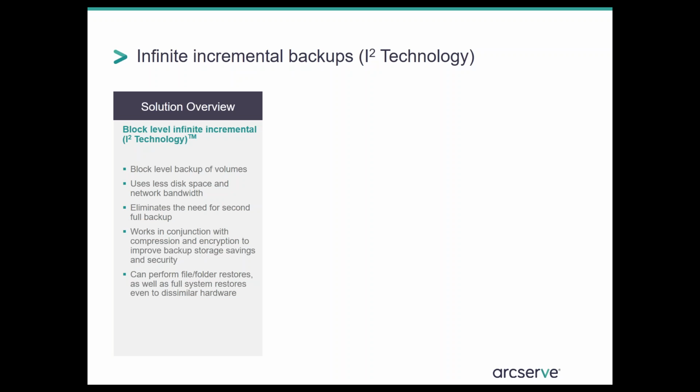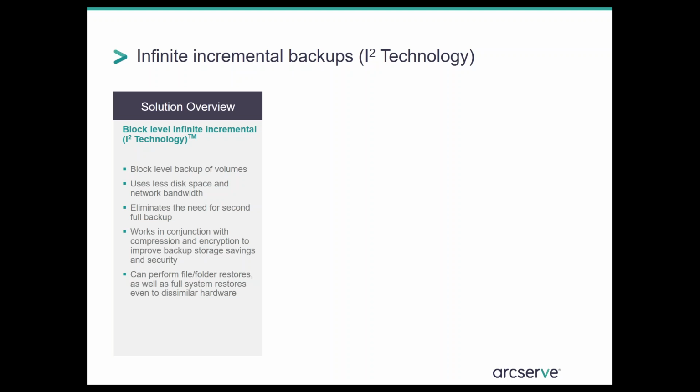Lastly, even though we're doing backups of the entire volume or entire drives, we still have the capability of performing granular file and folder restores, and if we want to do full system restores, we can do those, even to different hardware.